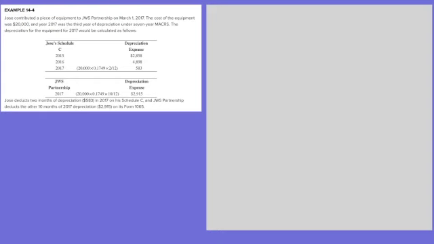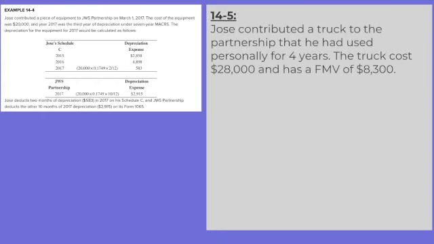Another example. We'll continue this example here. So 14-5, Jose contributed a truck to the partnership that he had used personally for 4 years. The truck cost $28,000 and has a fair market value of merely $8,300. So this property did not appreciate.